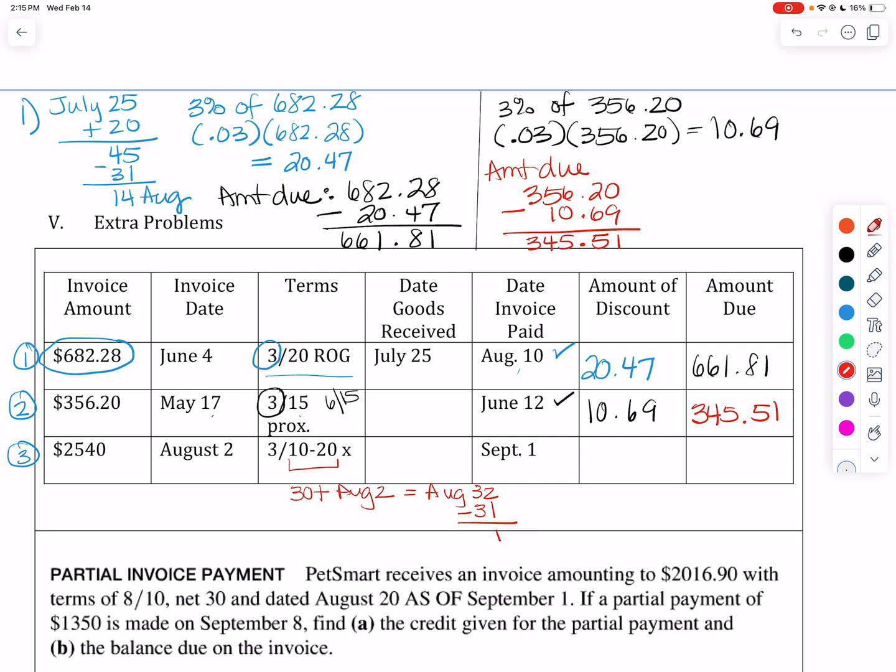And that gives us the discount. So we need 3% of 2540, and that comes out to be $76.20.